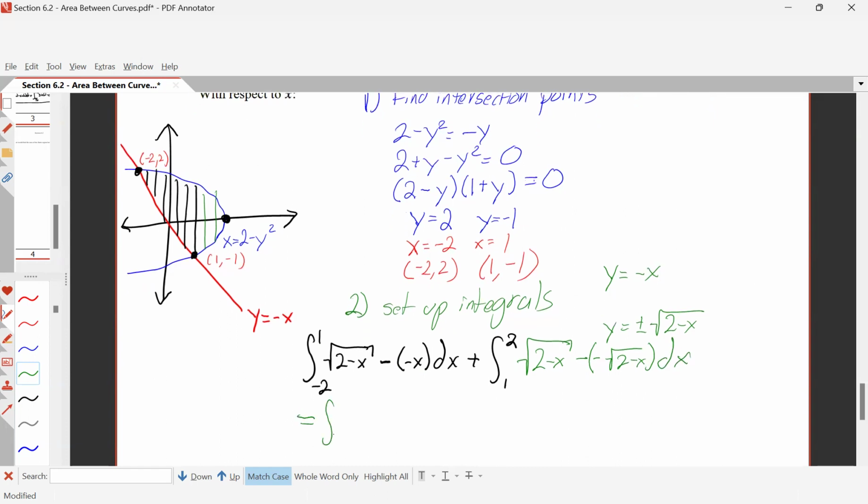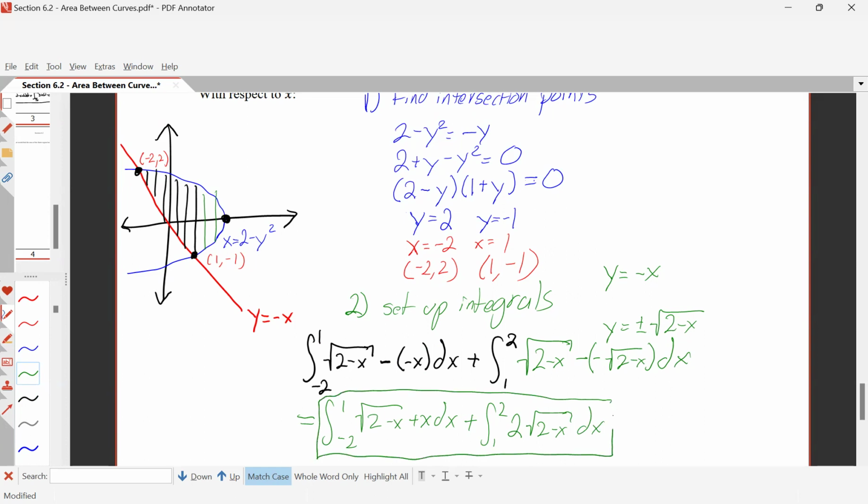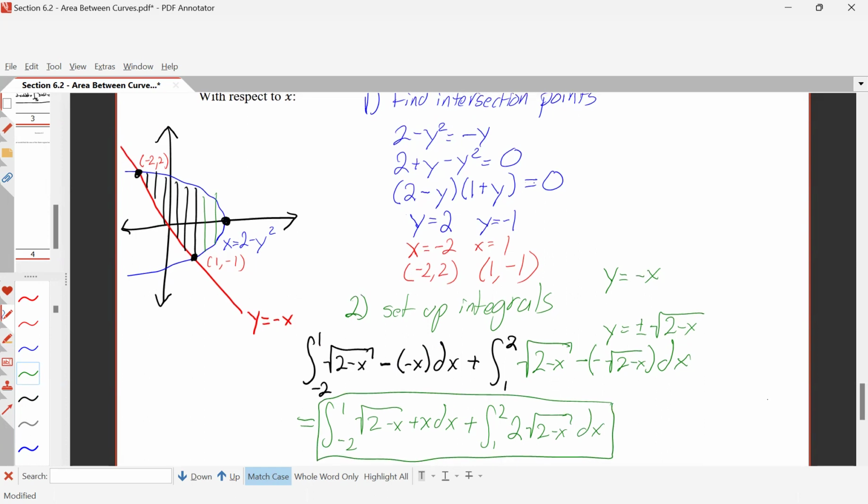A little bit of a rewrite gives us the integral from -2 to 1 of square root of 2 minus x plus x dx, plus the integral from 1 to 2 of 2 times the square root of 2 minus x dx. So those two integrals in terms of x would find the area between those two curves.